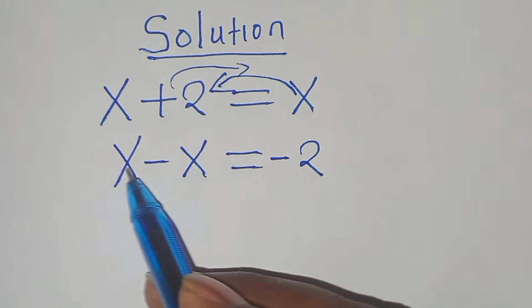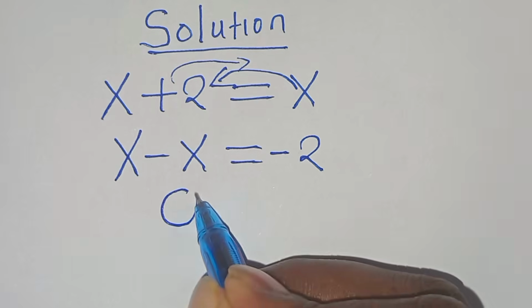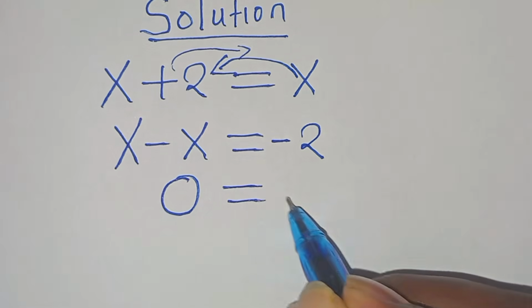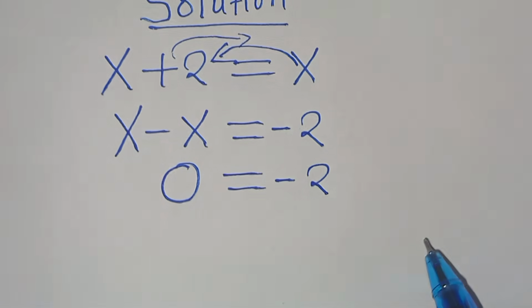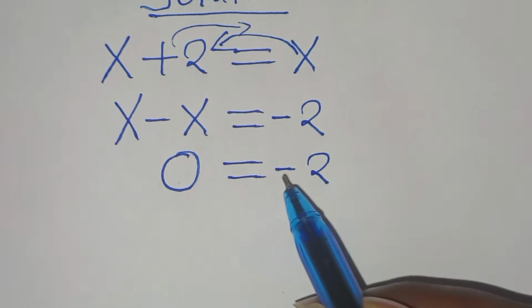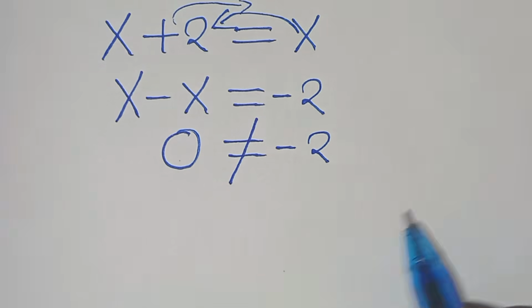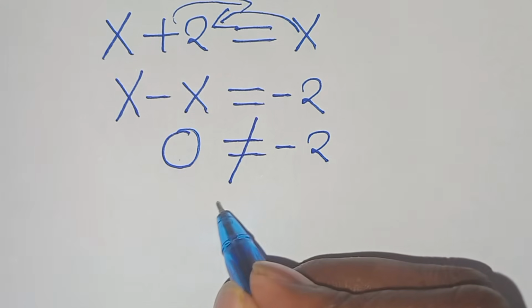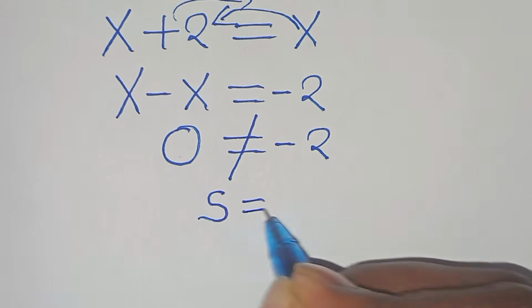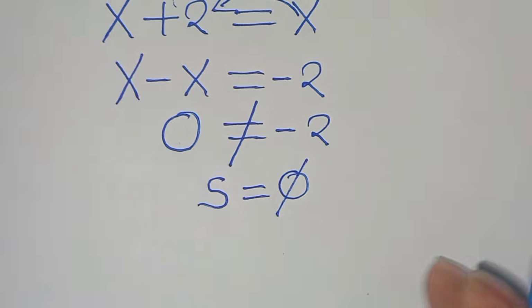It's clear that x minus x is equal to 0, and this is equal to minus 2. Now from here, 0 cannot be equal to minus 2. So in other words, here we have a solution equal to an empty set.